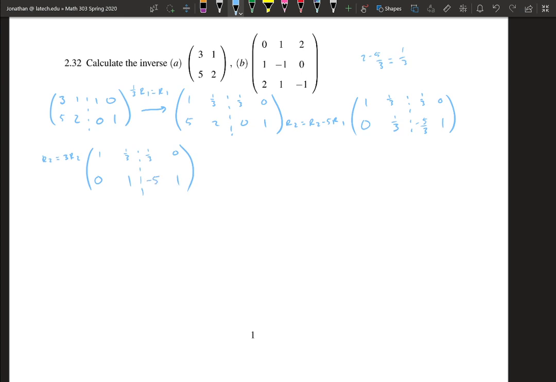And the last thing is to replace row 1 by row 1 minus 1/3 row 2. That'll be 1 minus 0, which is 1. 1/3 minus 1/3 is 0. 1/3 plus 5/3 is 6/3, which is 2. And then 0 minus 1/3 is negative 1/3.